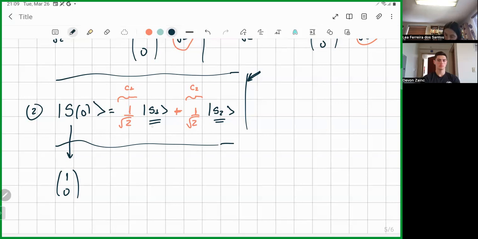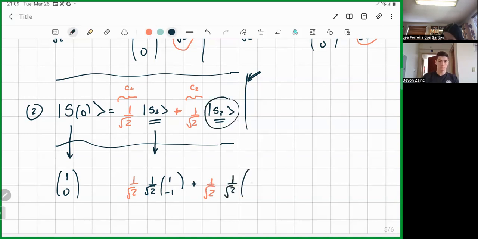Because look at this: S1 is 1 over square root of 2, 1 minus 1, and I have this 1 over square root of 2 here for the C1. Then here I have 1 over square root of 2 for the C2. And what is my vector S2? 1 over square root of 2, 1, 1.